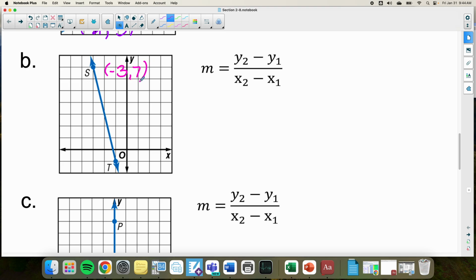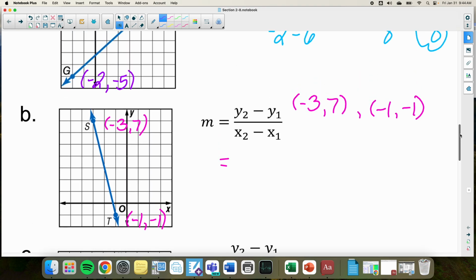T is left 1, down 1, so that's -1, -1. Okay, so again, how you write those down doesn't matter. So -1, -1.